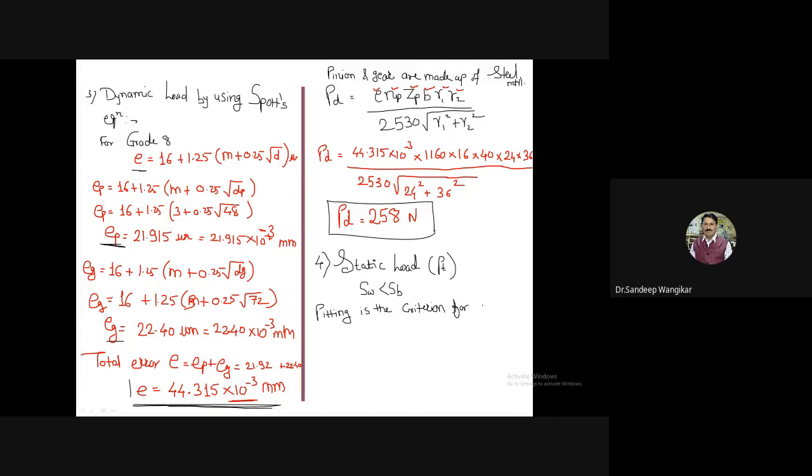Why pitting? If you go for the definition, SW, the wear strength, is the maximum tangential load that the gear can transmit without pitting failure. Therefore, I have written here pitting. Okay, now SW is the criterion.